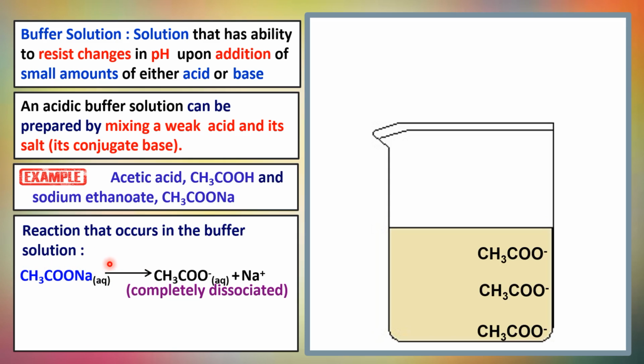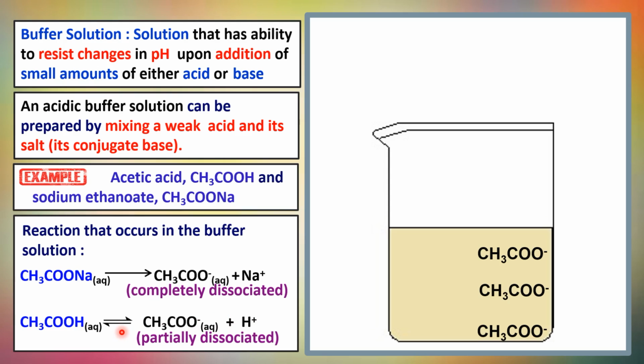Next, for the weak acid, we know that a weak acid will dissociate partially. So it will produce CH3COO minus ion and H plus ion. This reaction is reversible, because it is not 100% dissociated.